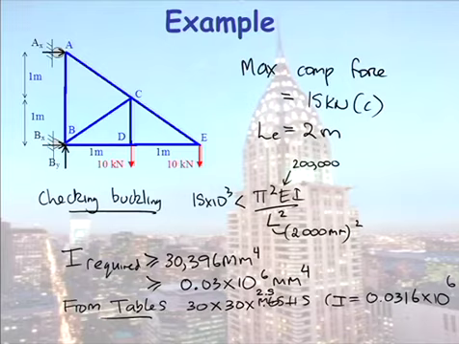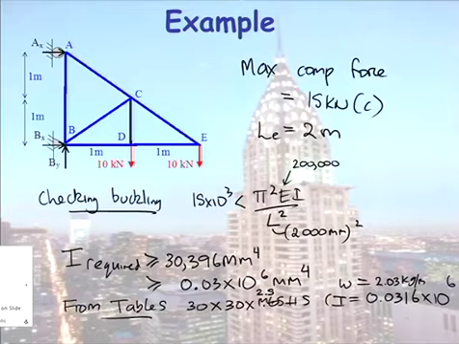So from the tables, the 30 by 30 by 2.5 has an I and a weight here of, let me get this right, 2.03 kilograms per metre.